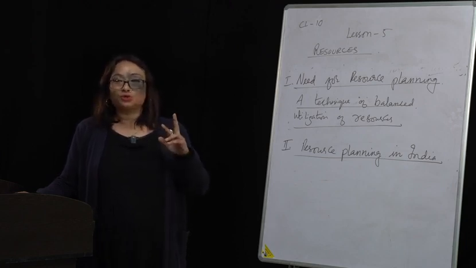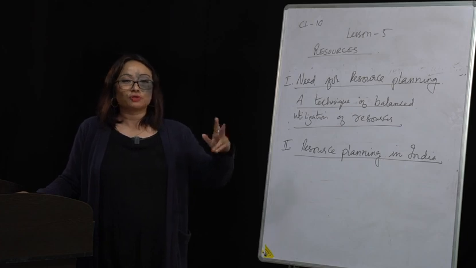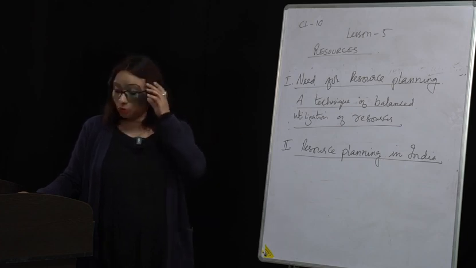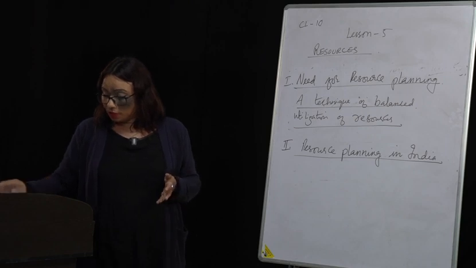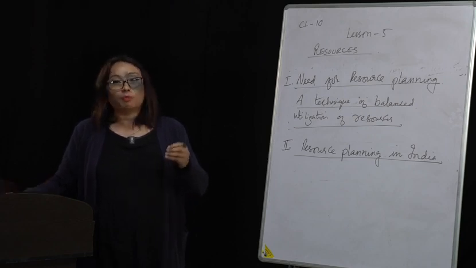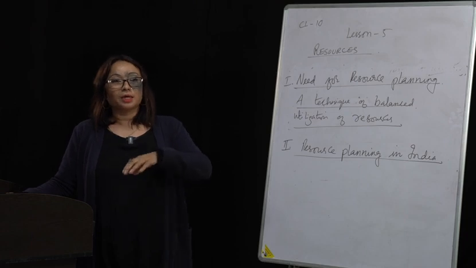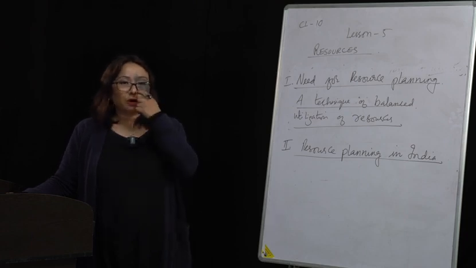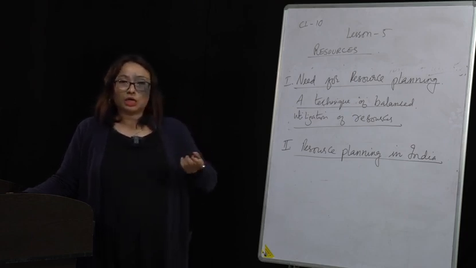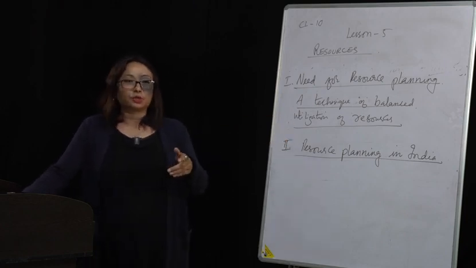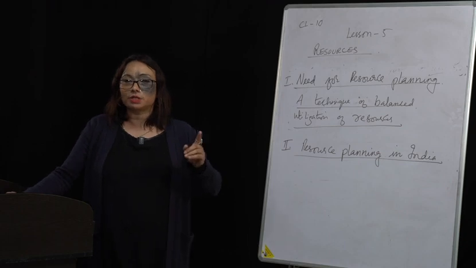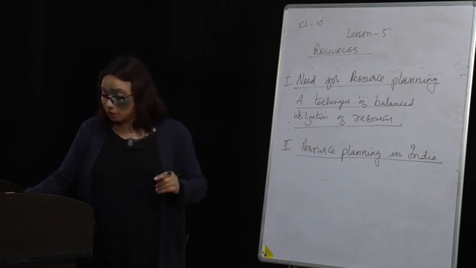I explained two different ways of resources, or two definitions of resources I gave you. So what is resource? Okay, that is the answer to that. Then give one example of biotic and abiotic resources, that is from the types of resources that we did. On the basis of origin, we had biotic and abiotic resources. So give me one example of biotic resource and abiotic resource.